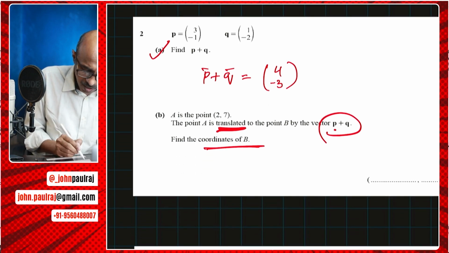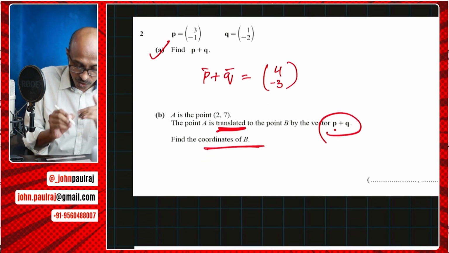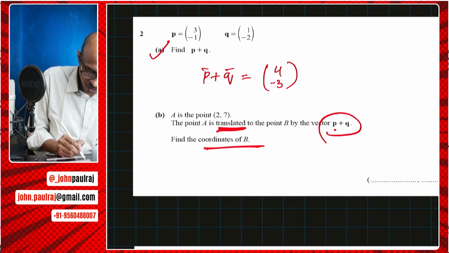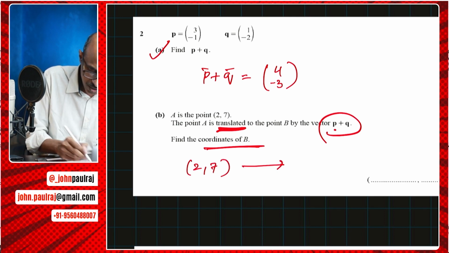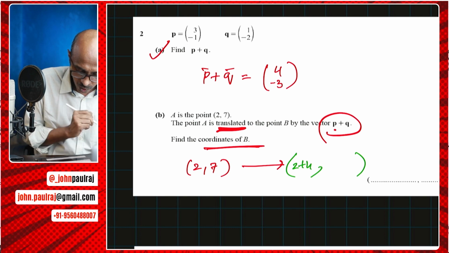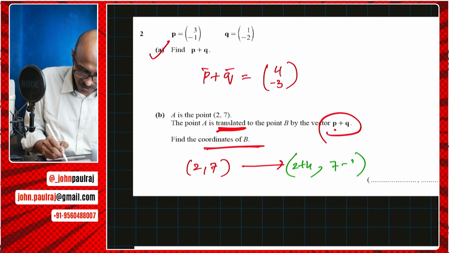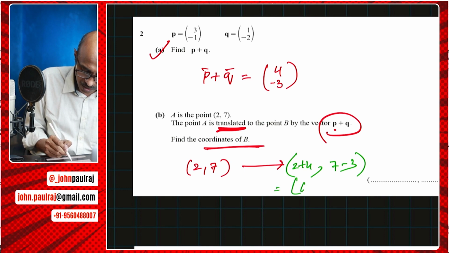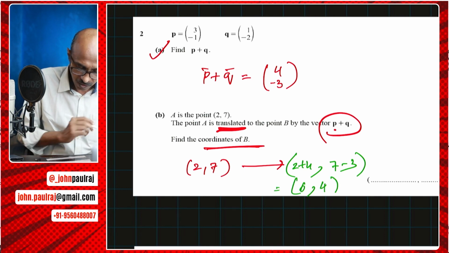So the point 2, 7 is translated using that vector. So A, which has coordinates 2, 7, will become what? The translation is 4, so it will be 2 plus 4, 7 minus 3. All right, so the coordinates of B then would just be 6, 4. Okay? All right, moving on.